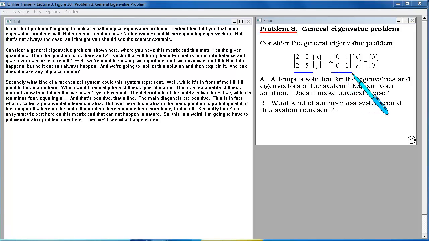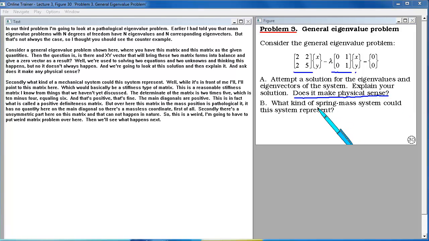Then the question is: is there an x, y vector that will bring these two matrix forms into balance and give a zero vector as a result? Well, we're used to solving two equations and two unknowns and thinking this happens, but no, it doesn't always happen. We're going to look at this solution and then explain it and ask, does it make any physical sense?